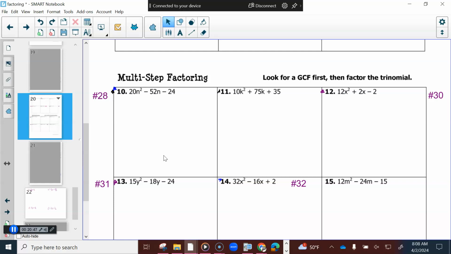Let's do a smaller one. Let's do 12. What is the GCF in 12, or is there one? 2. And then if we divide everything by 2, we have 6x squared plus x minus 1.